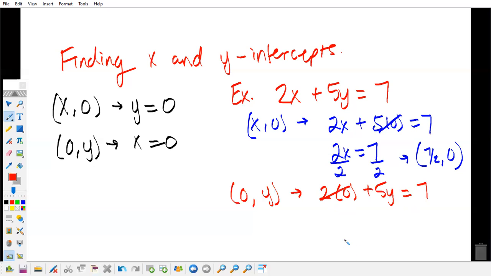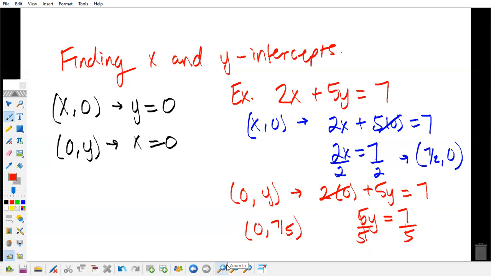My x term is going to go away. I'm left with 5y equals 7. And then what's the last thing for me to do? Divide by 5. So where's my y-intercept? 7/5. Okay, that's how you find your x and y-intercepts from an equation.